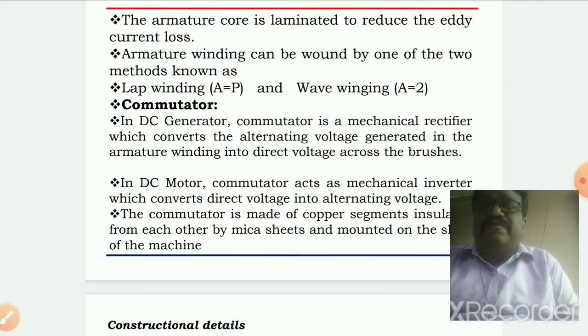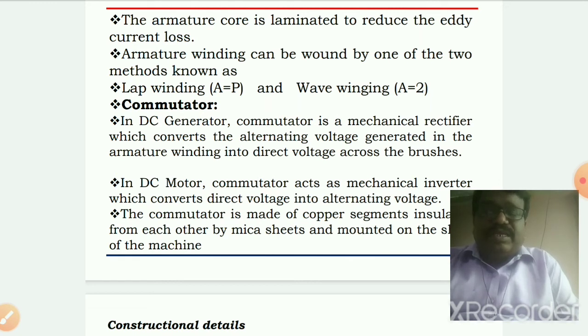The main function of this commutator: this is a DC generator, yet the EMF induced in the armature conductors is sinusoidal, that is AC. So the generated EMF in the armature conductor of a DC generator is converted into DC, or unidirectional, by using the device called the commutator.